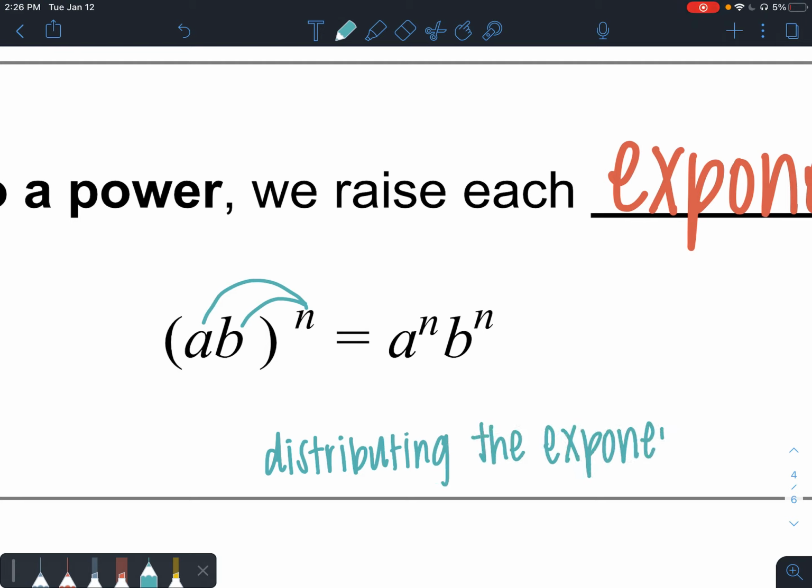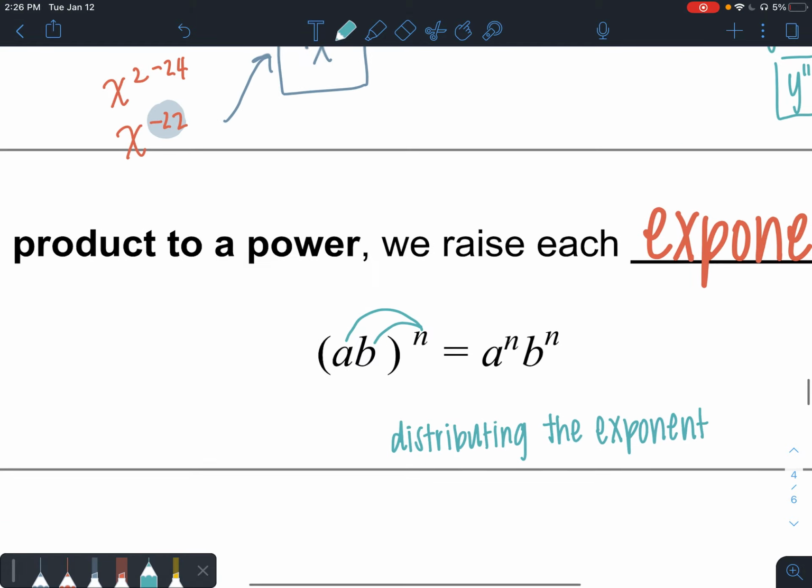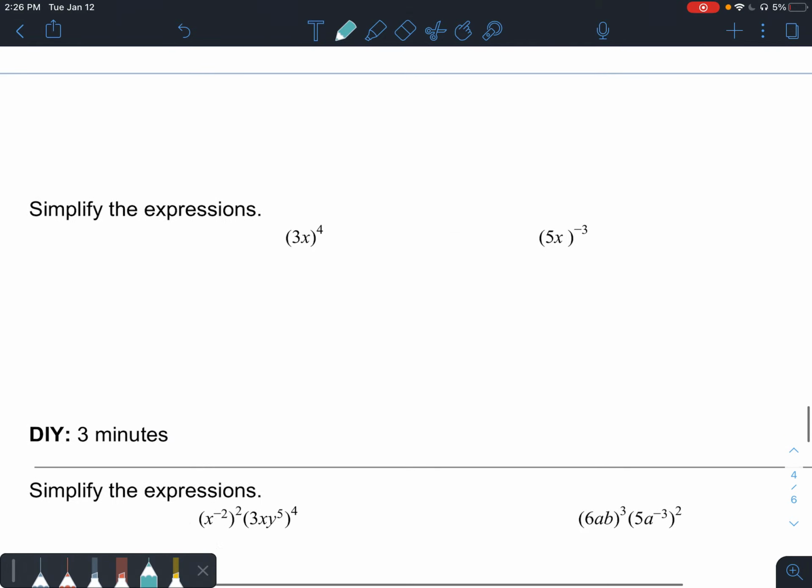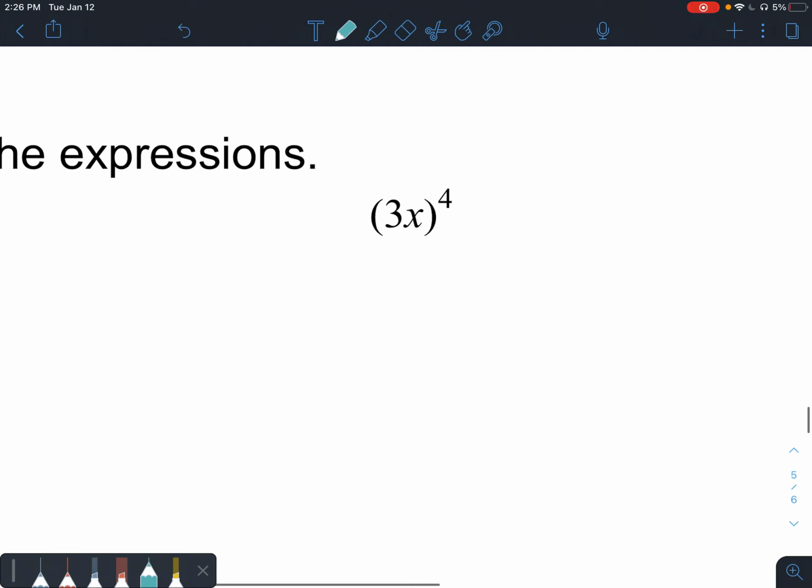For this one here, I take the 3 to the fourth and the x to the fourth. So this is 3 to the fourth times x to the fourth. 3 to the fourth, if you plug it into your calculator, you get 81 x to the fourth.